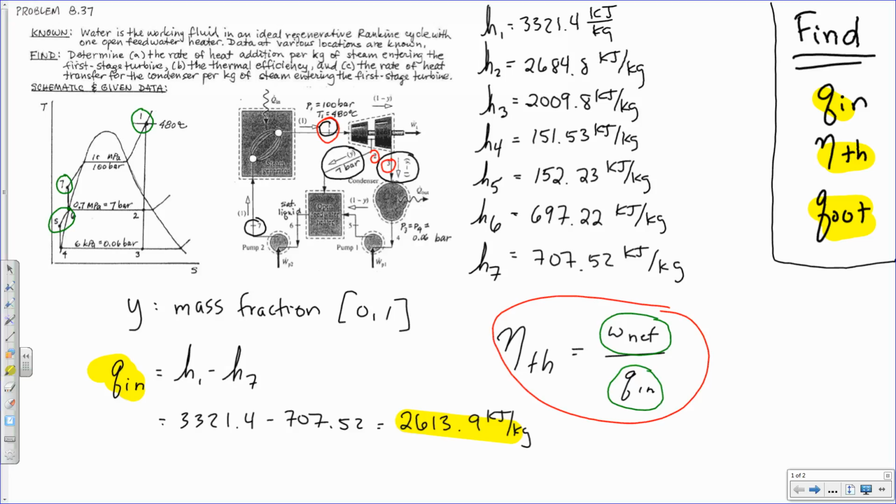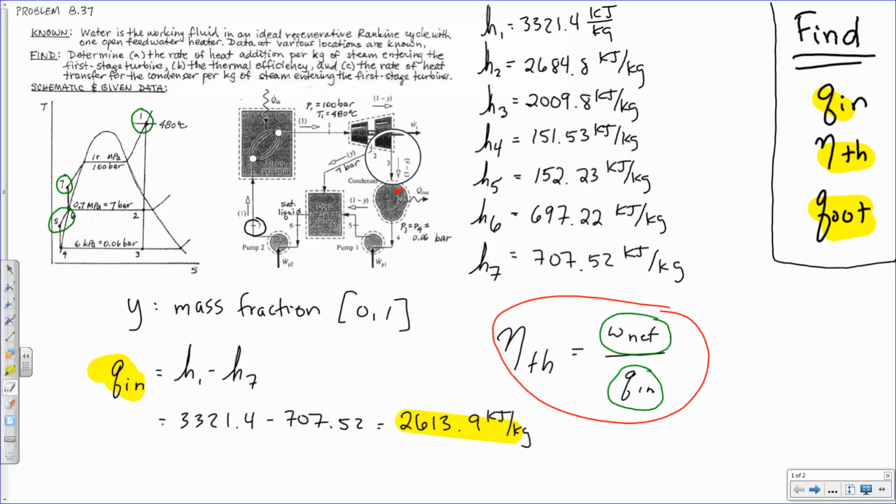But state 2 accepts a portion of the total mass flow rate, and state 3 accepts another portion, which is dictated by that quantity Y that we talked about before. Y ranges from 0 to 1, and it describes the percentage of the total mass flow rate that goes through that leg, which enters directly into the open feedwater heater. The remaining portion of the mass flow rate goes directly into our condenser.